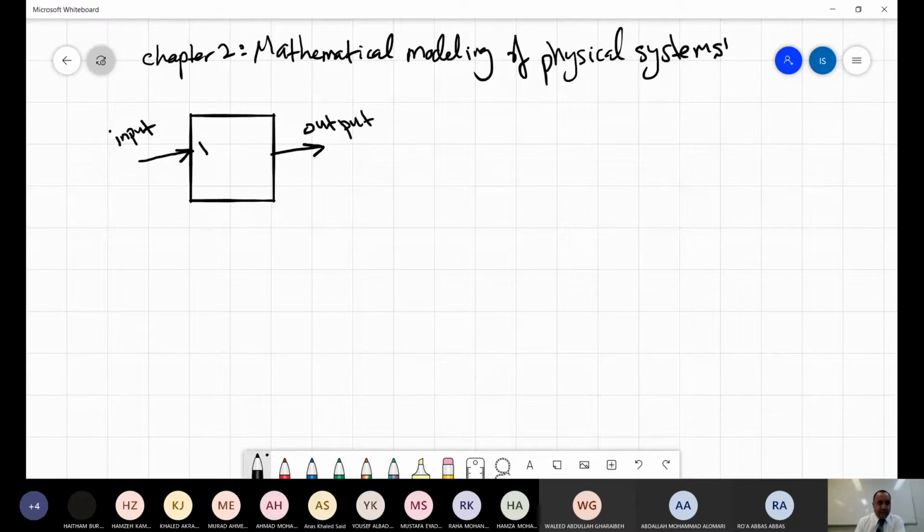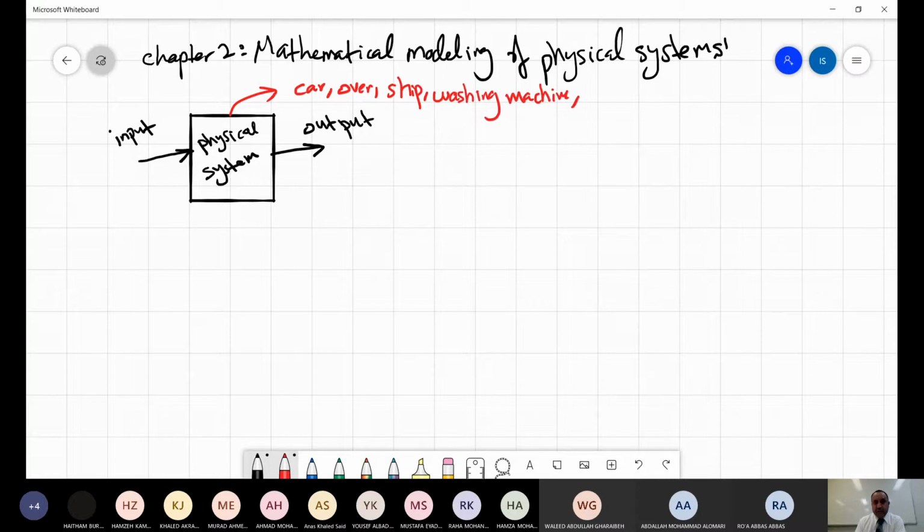Now this is a physical system, which means that this is a real system. So simply this can be, let's say, a car. It can be an oven, a ship, an airplane, a washing machine, a motor, and so on.